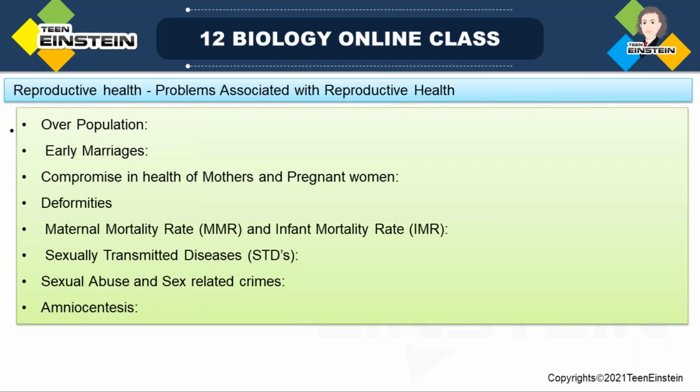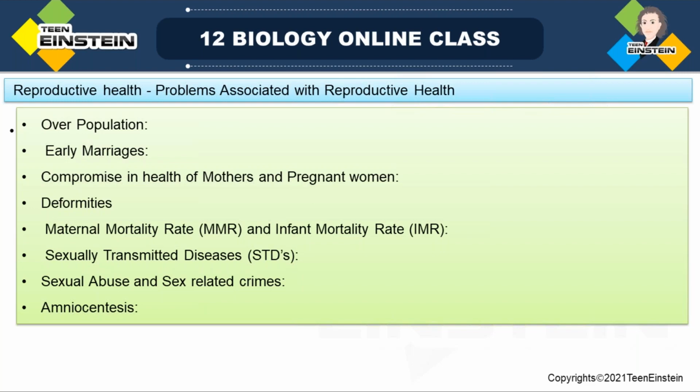Then the next point is compromise in health of mothers and pregnant women. The pregnancy period should be undergone with the help of doctors, and proper care should be taken. We should get proper food and care during the maternity period, and everything should be treated in a proper way, right?